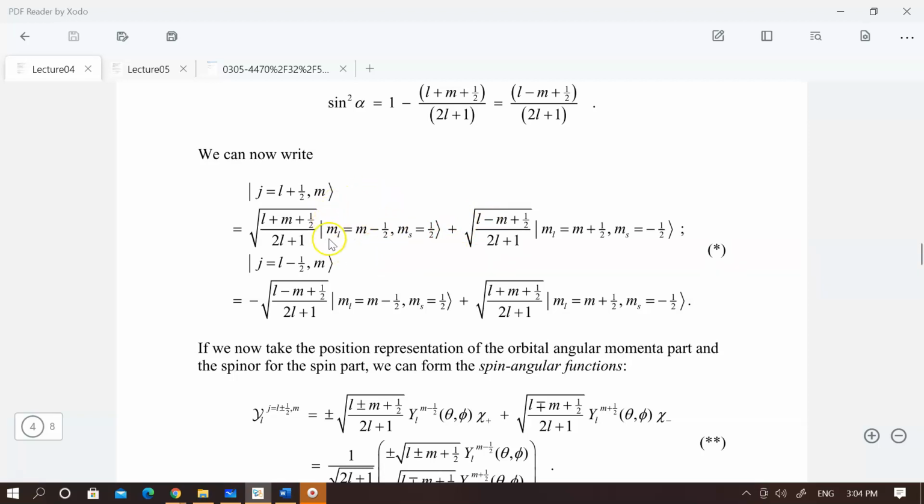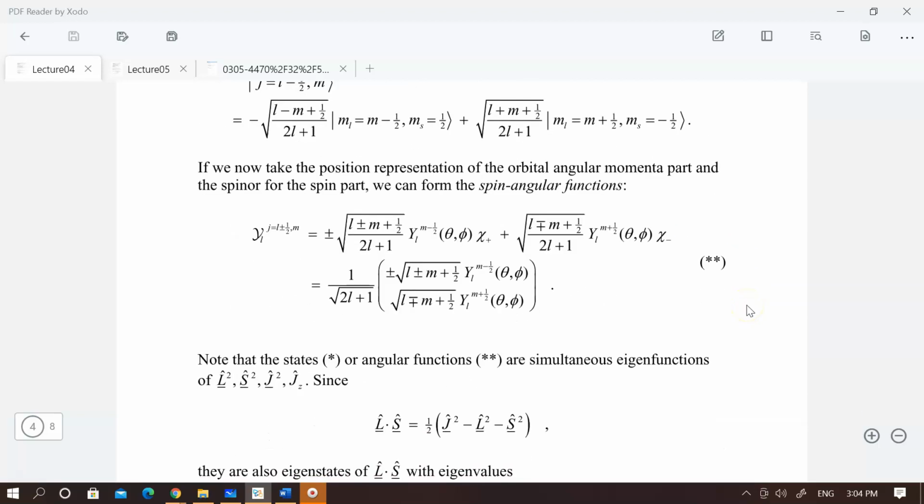Here you see your state with ML and the state with MS, spin up, and then this ML again and spin down. So these are just linear combinations of the upper component and lower component of your spinor in some sense.